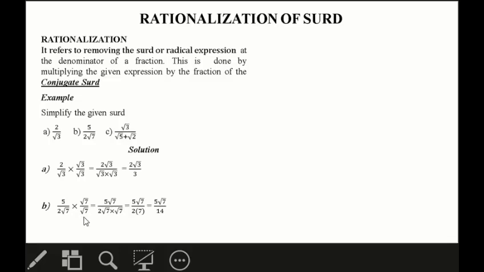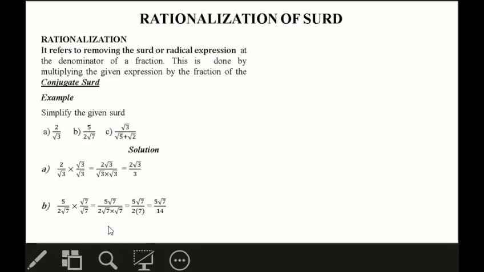Then 5 times root 7 will give us 5 root 7. Then 2 root 7 times root 7 will give us 2 root 7 times root 7 as shown over here. Then the numerator will still remain as 5 root 7. Over here we have root 7 times root 7 will give us 7.